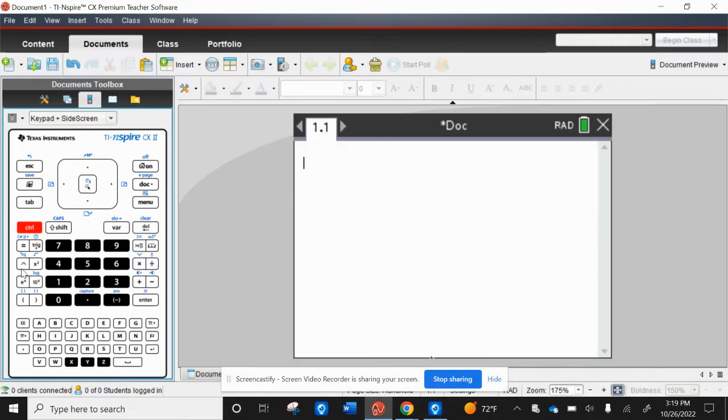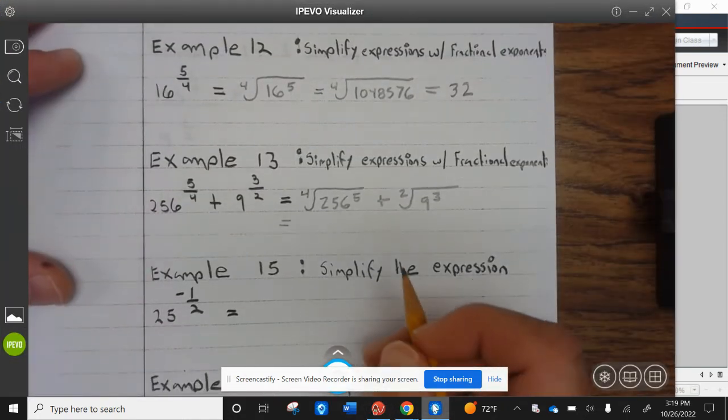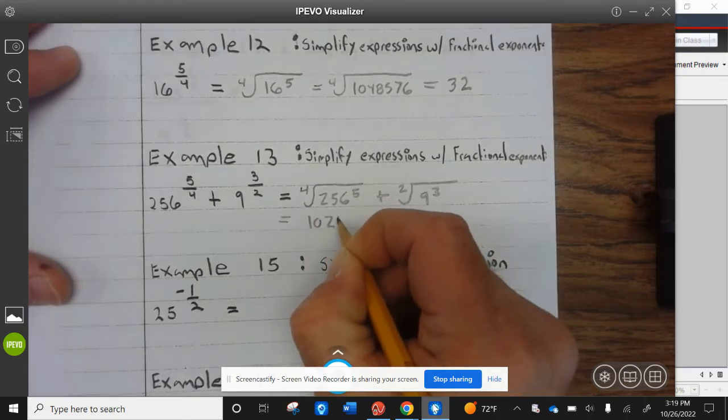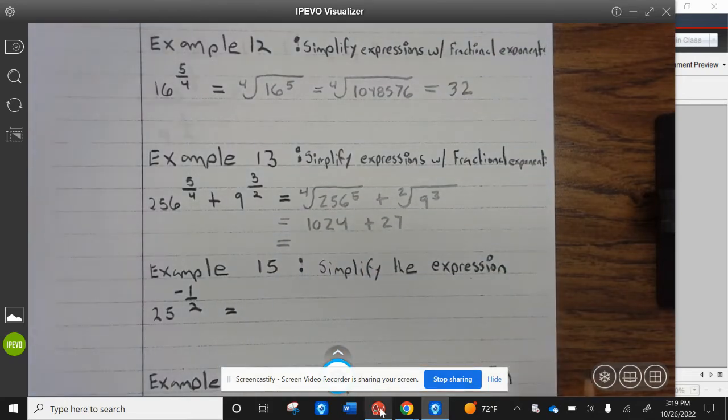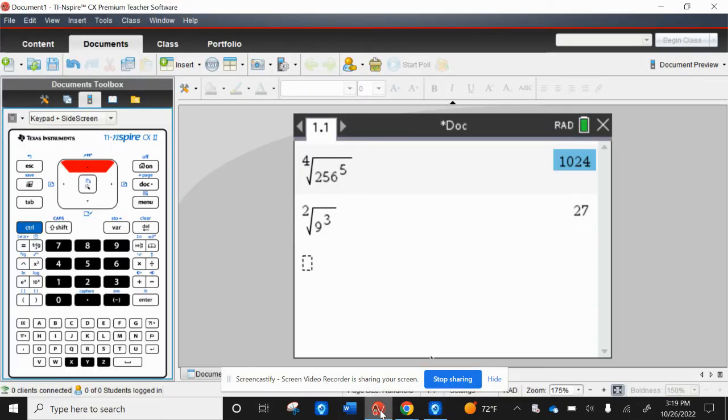So control fourth root of 256 to the fifth power, and then the square root, so control 2 of 9 cubed, so that's 1024 plus 27, which equals, I can actually highlight, plus highlight 1051.